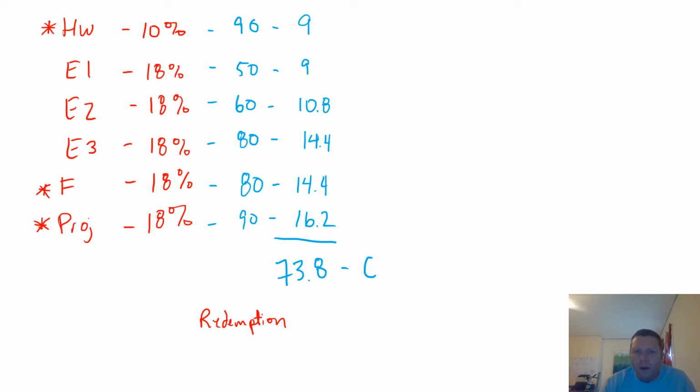Okay. However, what I'm going to do is look at your final exam, and since it's cumulative, it's going to have 3 different parts to it: an exam 1 part, an exam 2 part, and an exam 3 part.